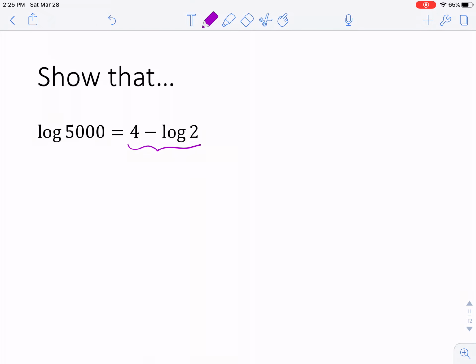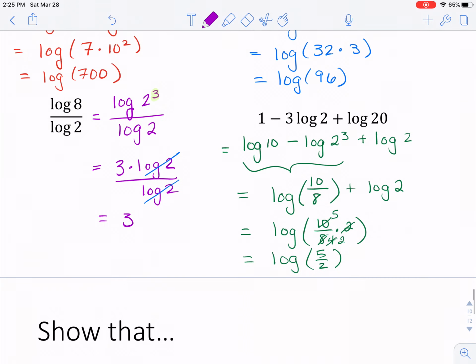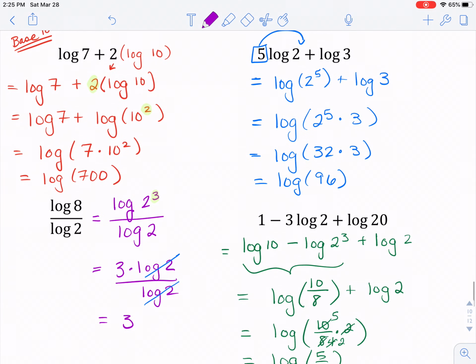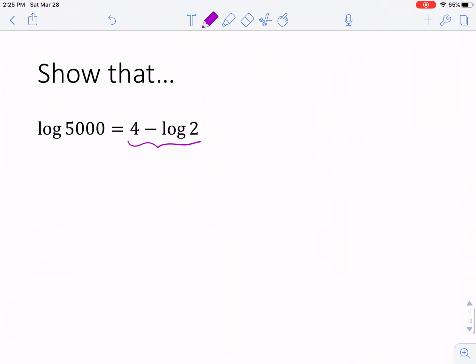Now, we're going to use those previous things that we just did where we took some of these whole numbers and changed them into logarithms. So I'm going to rewrite that 4 as 4 times the log of 10, because that's just 4 times 1, minus the log of 2.